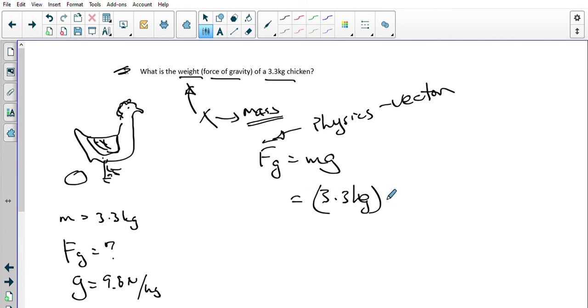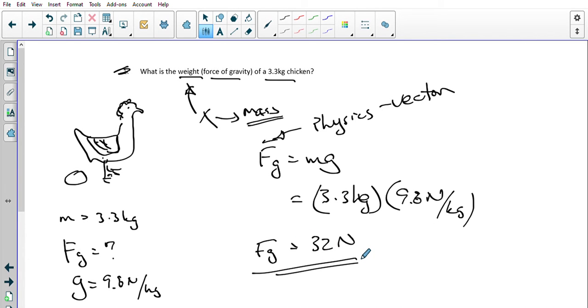We put in our values, 9.8 newtons per kilogram. 3.3 times 9.8 equals 32 newtons. There is our force of gravity. There is our weight of our chicken.